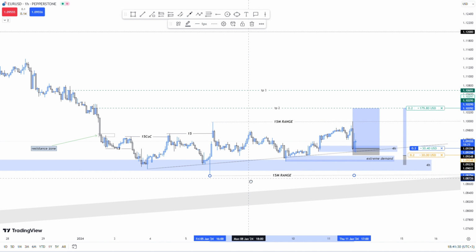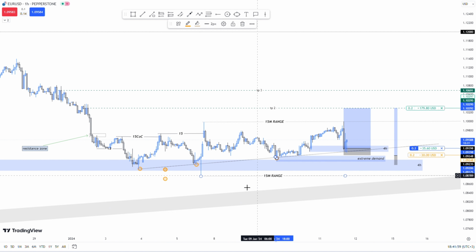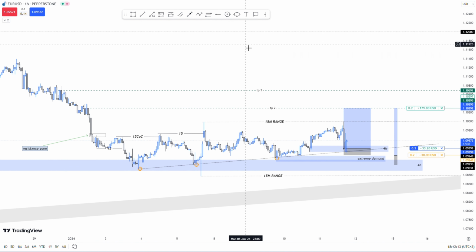Within the fractal market, on the 1 hour time frame, we want to find the demand zones, or rather where we can wait for price to come before going back up again. As you can see, the trend line is being respected very well.